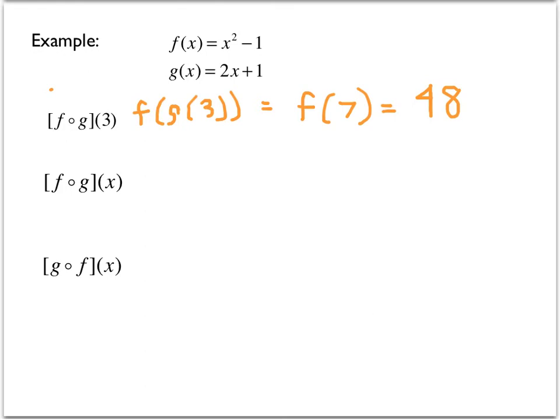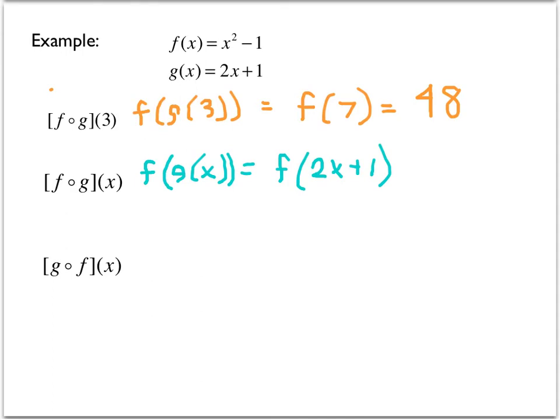Well, I still would write it as this. First of all, I think I'm just going to write it like that, the f of g of x like that. And I'm going to substitute that g of x right away. So I'm going to put that 2x plus 1 right in there in place of g of x. And now, just like I did on the previous example, I am going to substitute.